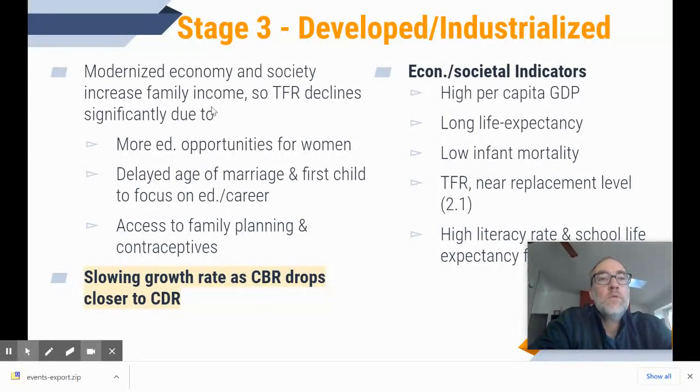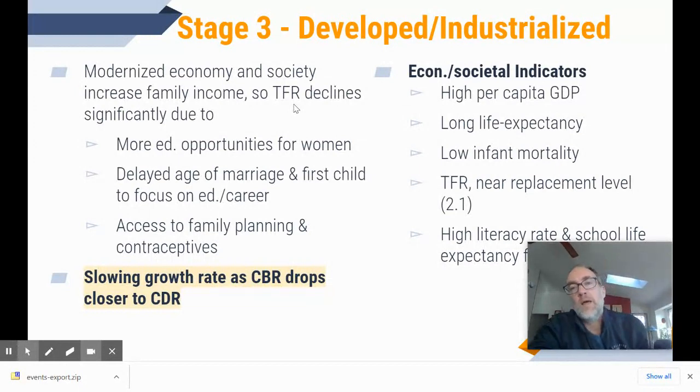Stage 3, these are modernized economy and society, with increased family income. So total fertility rate tends to decrease. This is because there are more opportunities for women to become educated and delay their marriage and first child. They have access to family planning. Usually there's a slowing growth rate as crude birth rate drops closer to crude death rate.